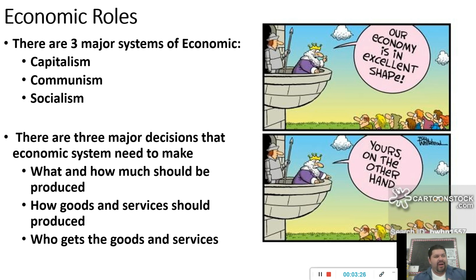Now, if you mine out all the gold in one year, you have to think about what about next year? And not only that, think about the price of gold. If there's a ton of gold available, what's going to happen to the price of gold that year? It's going to go down.